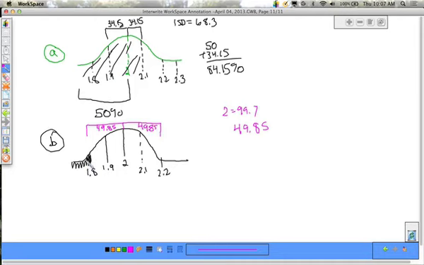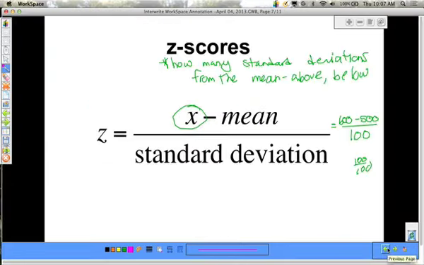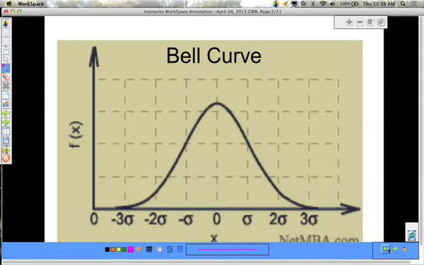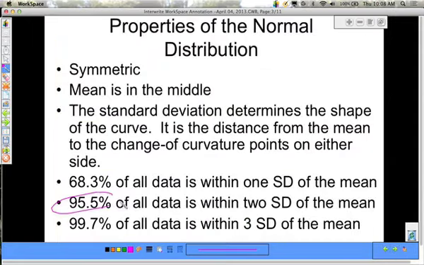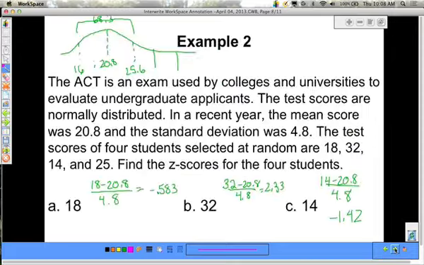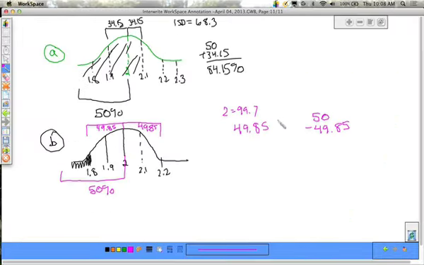So we have to think, how can we get this little chunk? Well, what do we know? The entire bottom half is 50%. So we can do 50 minus 49.85. Did I choose the wrong number here? I think I may have. Let's take a look. Uh-oh. Whoops. 2 standard deviations is 95.5. We have to change that slightly. I thought that was a little off. So 2 is 95.5. So how does that change our drawing? We just have to do a little change.